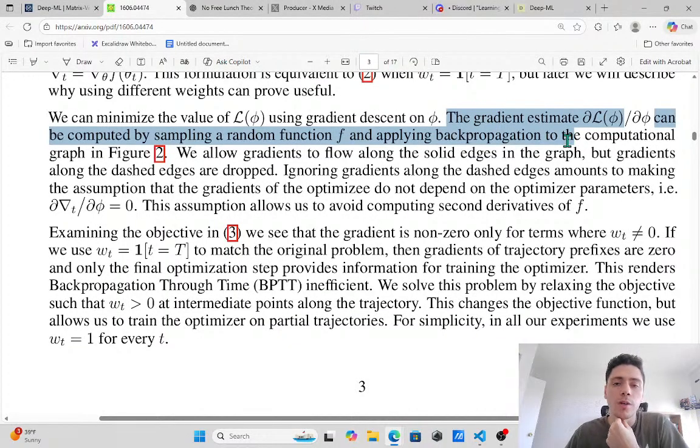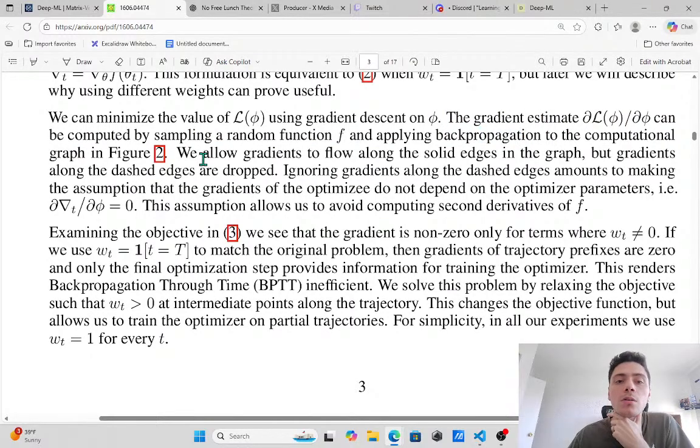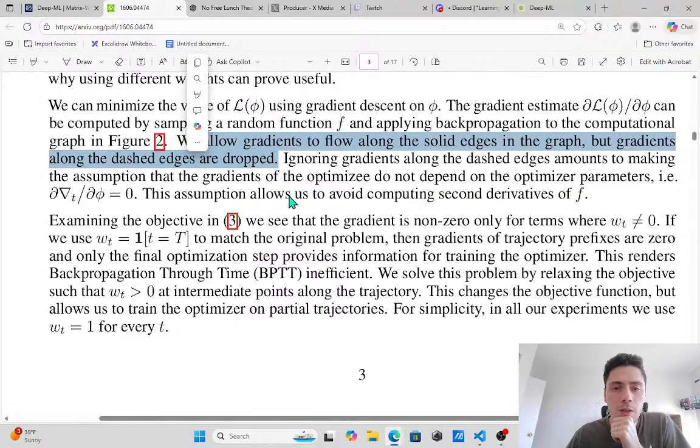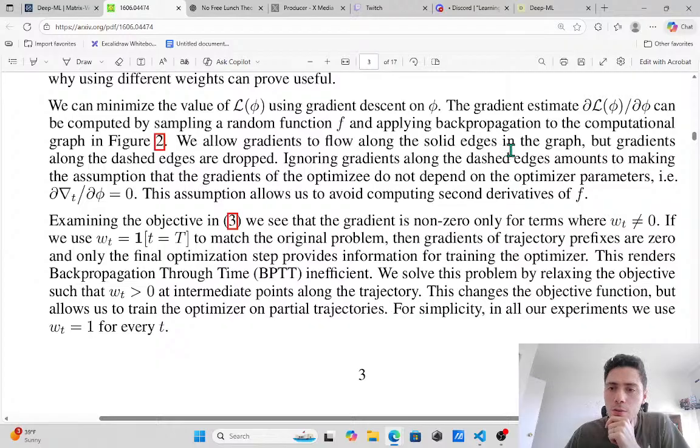By sampling a random function f. Oh, this actually tells us how it works better. We allow gradients to flow along the solid edges in the graph, but gradients along the dashed edges are dropped.